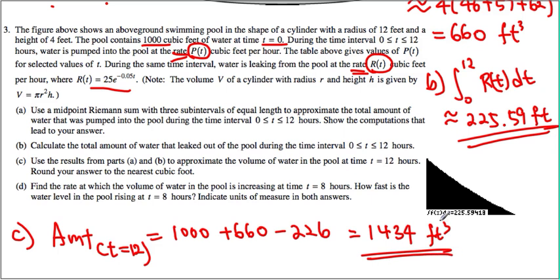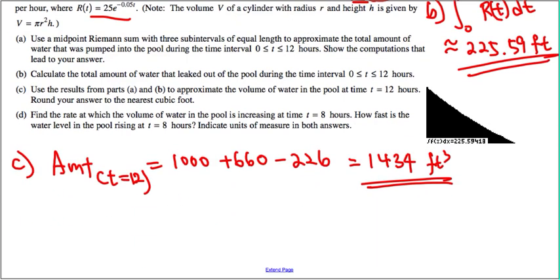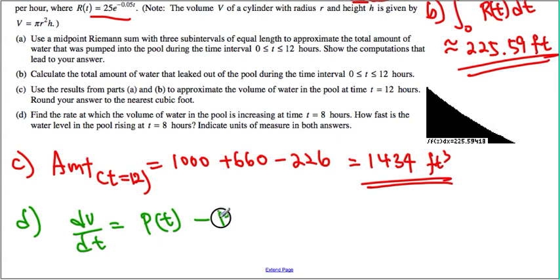Alright, let us try to go for part D. Find the rate at which the volume of the water in the pool is increasing at time t equals 8. Now, we need to figure out dV dt, and how fast the water level in the pool is rising at t equals 8. That means we are looking at dH dt. Part D. dV dt is simply P of t, how much we are pumping into the pool, minus R of t, which is how much water is leaking.